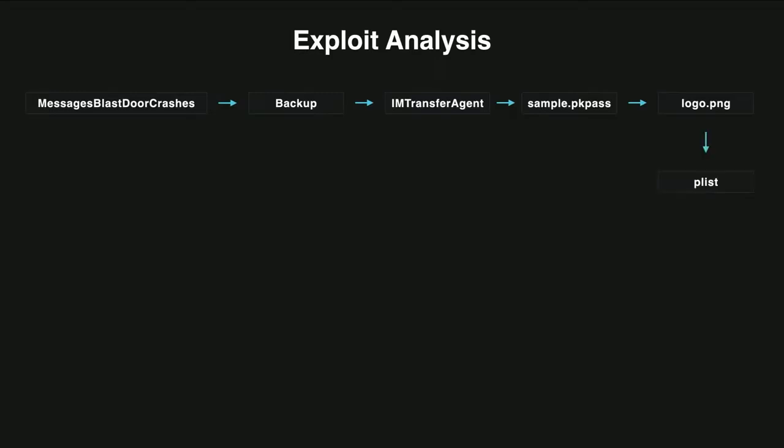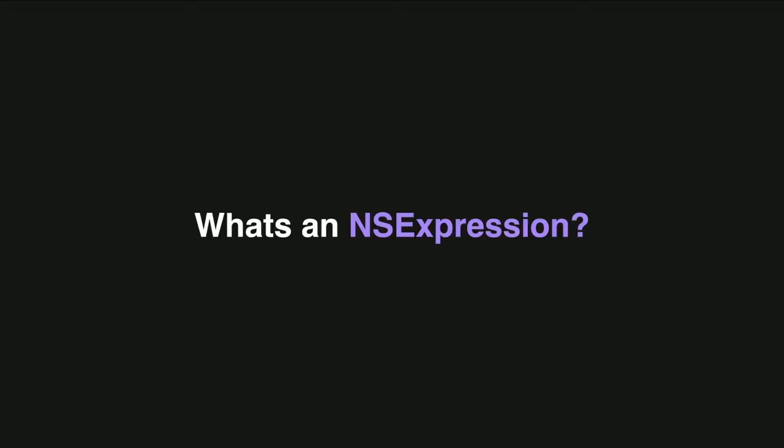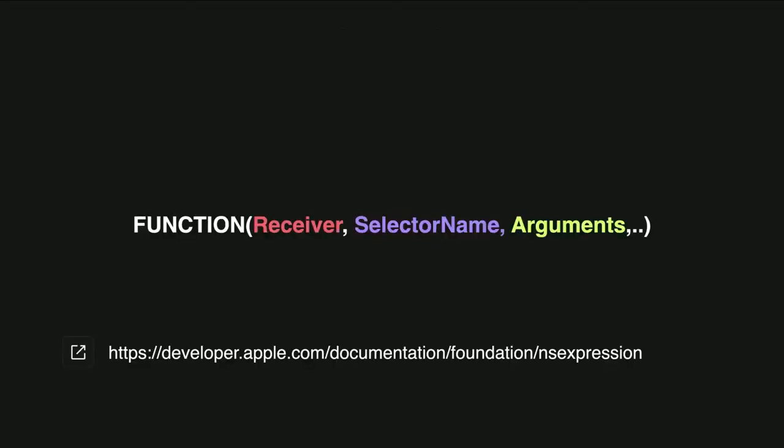Apple. This contains a plist, and in that plist, you will find an object at number 11, which will then contain an NSExpression. So what's an NSExpression? An NSExpression is essentially a way to dynamically execute a couple of different logics. It's built into iOS and macOS since a couple of versions, and with a specific function expression, you can actually execute arbitrary code.